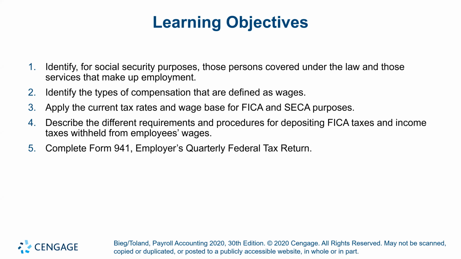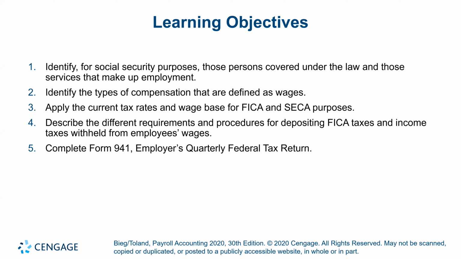So some of the learning objectives of the chapter: identify for Social Security purposes those persons covered under the law and those services that make up employment. Identify the types of compensation that are defined as wages. Apply the current tax rates and wage base for FICA and SECA purposes, SECA being Self-Employment Contributions Act.